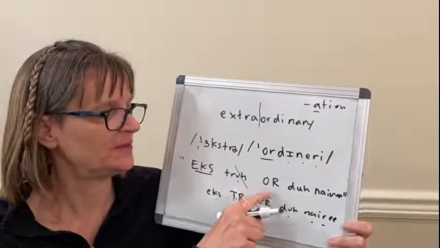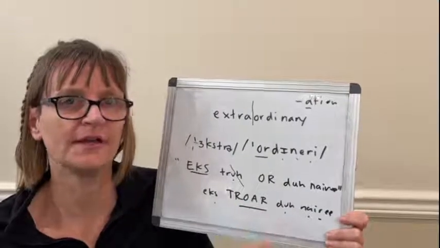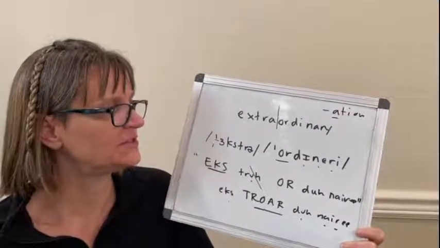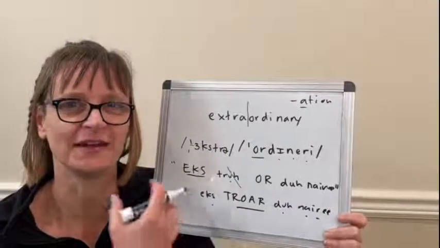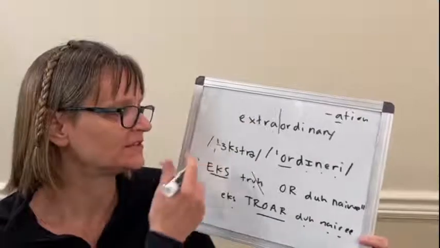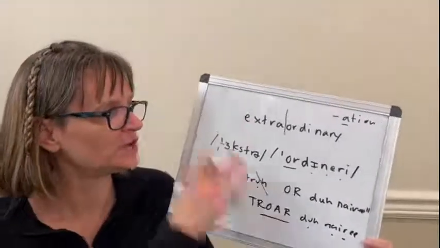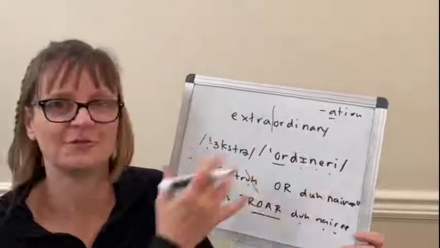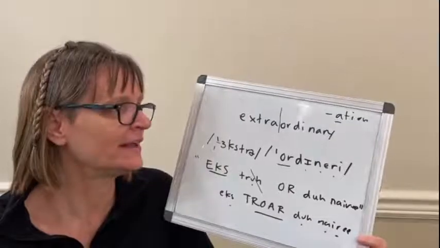But I would say if you build or, roar, tror, extraordinary, it typically sounds more natural, and I would say more people use that than extra-ordinary because we tend to reduce that syllable of extra. Okay, so hopefully that answered both your syllable stress question and talking about the two pronunciations for extraordinary.